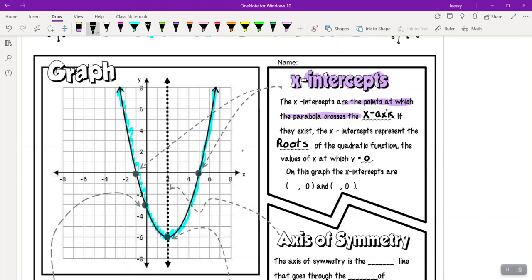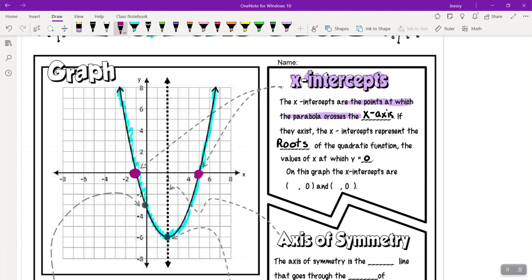So when we look at this parabola, where is this crossing the x-axis? Exactly, it's going to be right here. So it's going to be this one right here, and it's going to be this one right here.